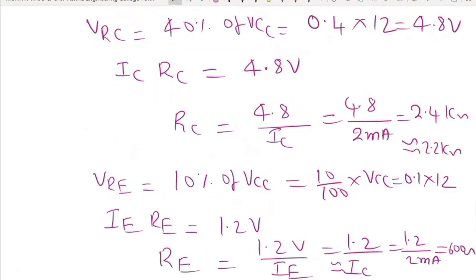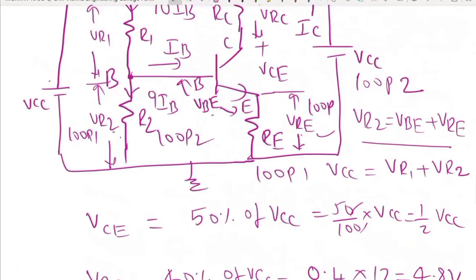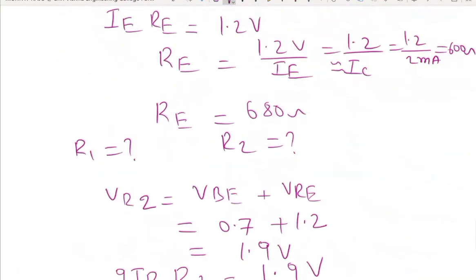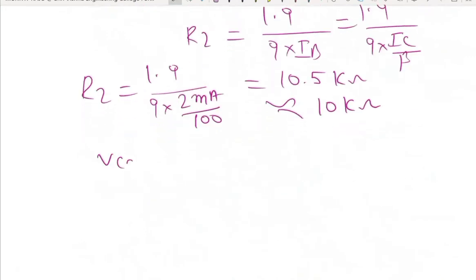Next step is VR2 is equal to 9IB into R2. From loop 1, VCC is equal to VR1 plus VR2. This is VCC, VR1, VR2. Therefore, VCC is equal to VR1 plus VR2.